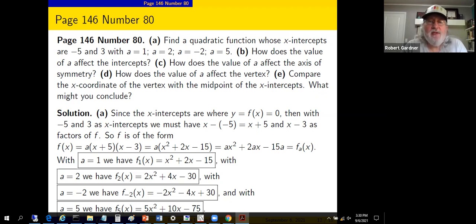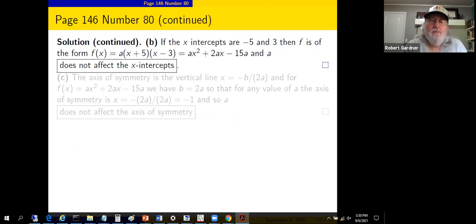Part B, how does the value of a affect the intercepts? If the x-intercepts are -5 and 3, then f is of this form. Changing a doesn't change the fact that this function is going to be 0 at -5, and this function is going to be 0 at +3. The a doesn't affect any of that.